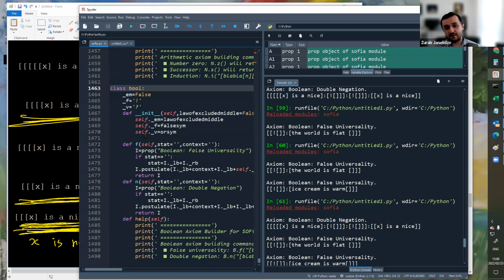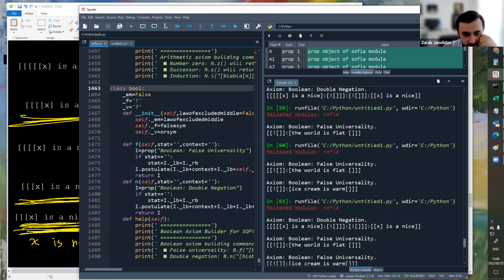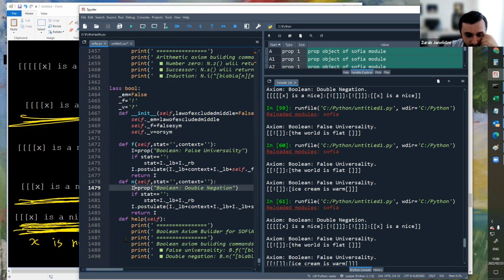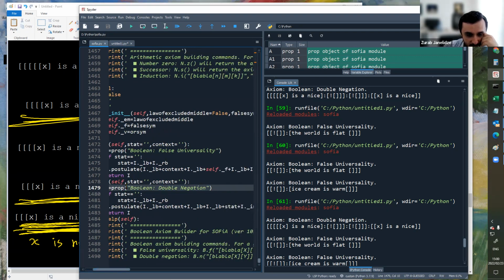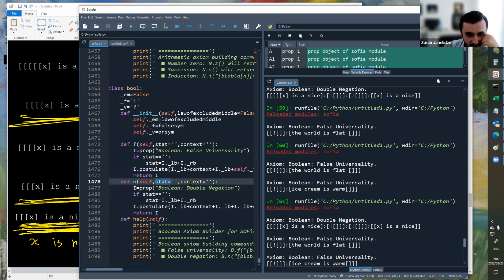That is done inside the function, when we call this function, let's say the n function. If you look at the command here, .n function, it creates a Sophia proposition I, but the way it postulates it, the way the text of the axiom is stated, depends on the parameter that has been entered. The parameters are the start and context.